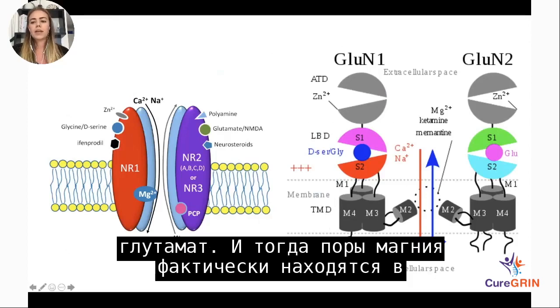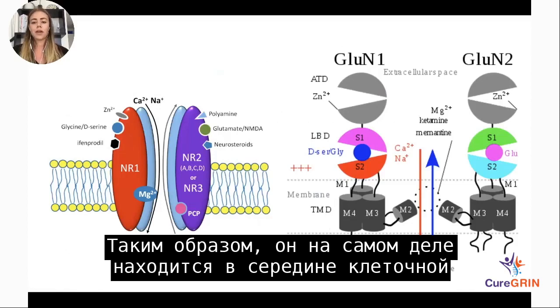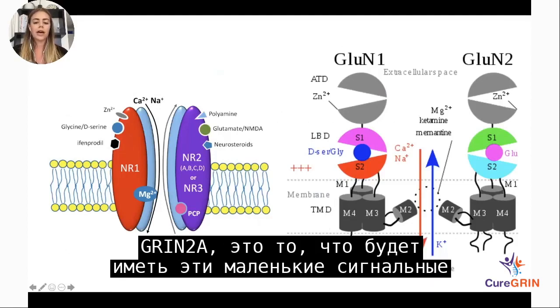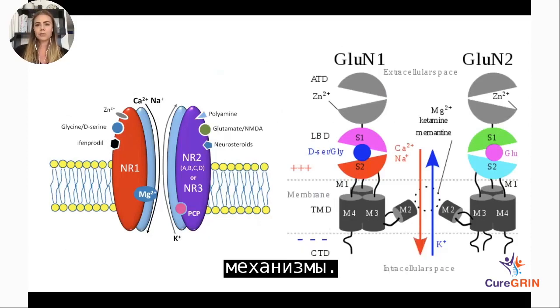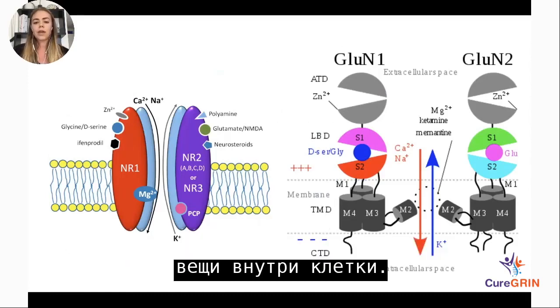And then the magnesium pore is actually in the transmembrane domain, so it's sitting in the middle of the cell membrane. And then the C-terminal domain, like I talked about before with GRIN2A, that's what will have those little signaling areas that are responsible for doing cool things inside of the cell.